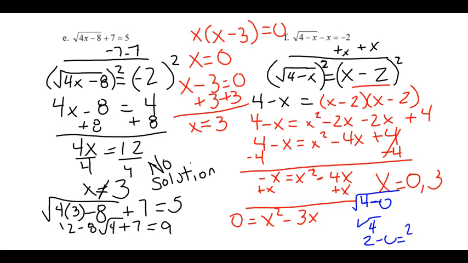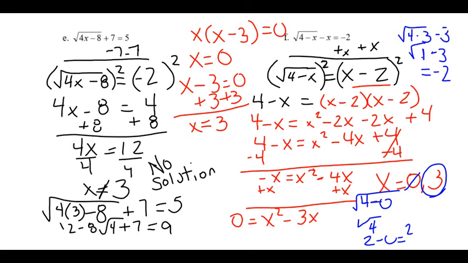So 0 won't work. We plug in 3, 4 minus 3 minus another 3. So we'll get the square root of 1 minus 3. That will equal our negative 2. So we're good there. So 3 is our only solution. 0 is extraneous. It doesn't work.